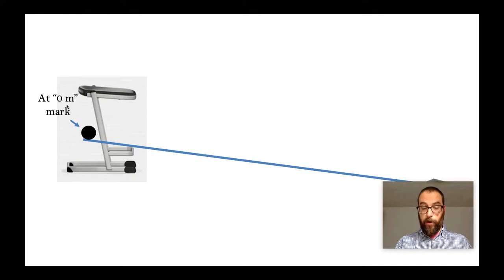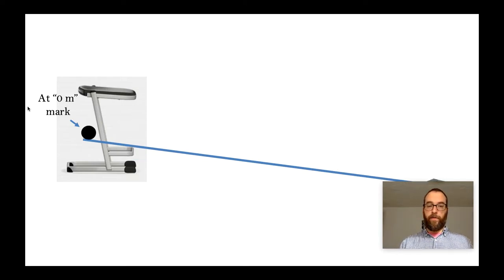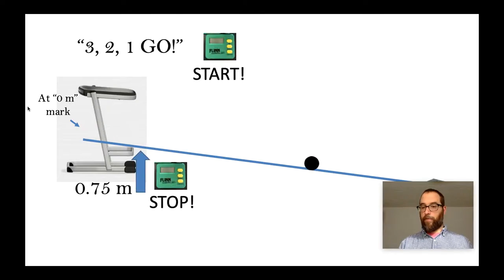The person rolling the ball says 3, 2, 1, go, and she lets the ball go. At that same point, when she says go, the timers start their timers, and when the ball reaches 0.75 meters, they stop it. Now you have 2 people timing, so that's going to give you 2 times showing how long it takes the ball to get from 0 to 0.75 meters.